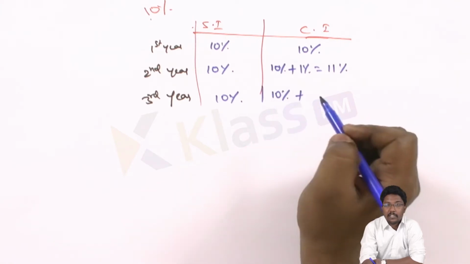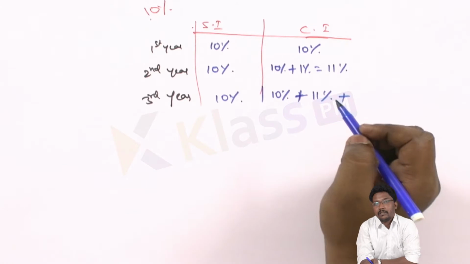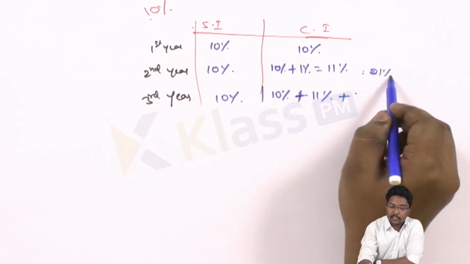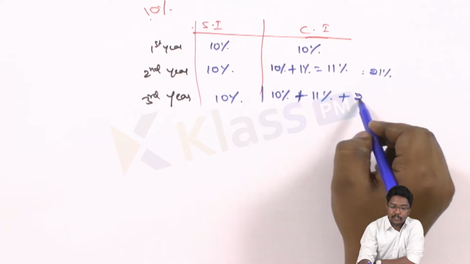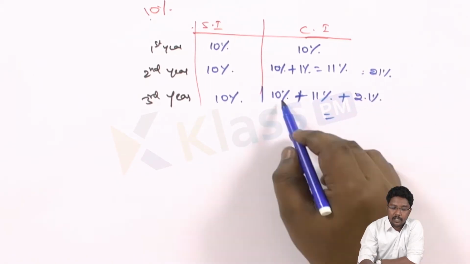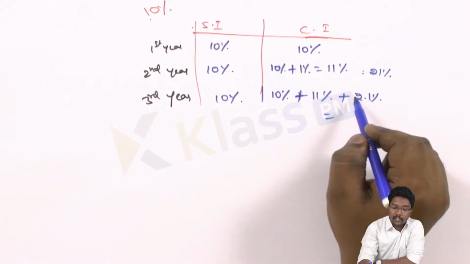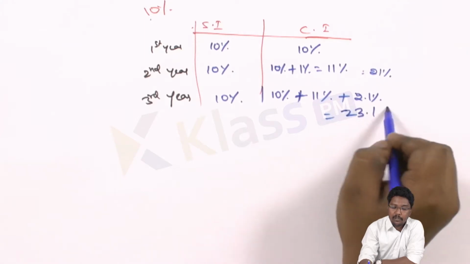For the third year: 10% for the first year, second it is 11%. The third year is interest on interest. Up to 2 years, what is the interest? 21%. So interest on interest, 10% of 21% means 2.1%, which means 10 plus 11, 21, plus 2.1%. The third year it is 23.1%.